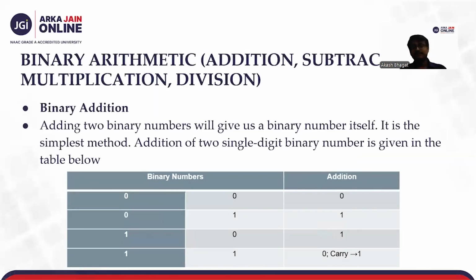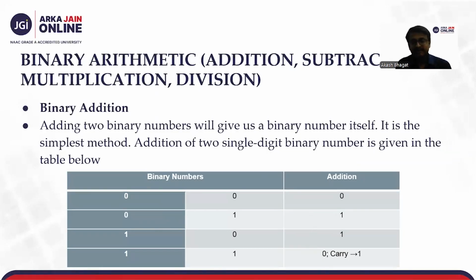Next, binary arithmetic. We can perform all arithmetic functions, starting from addition, subtraction, multiplication, division. First, addition. Adding two binary numbers will give us a binary number itself.